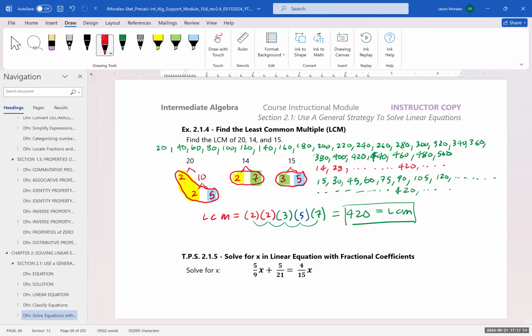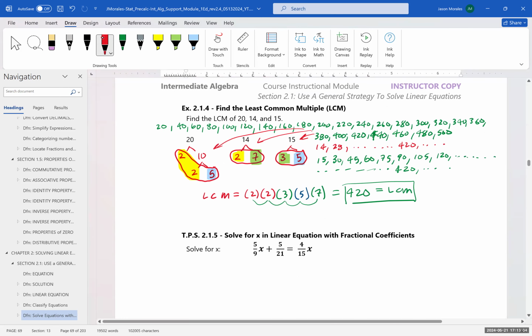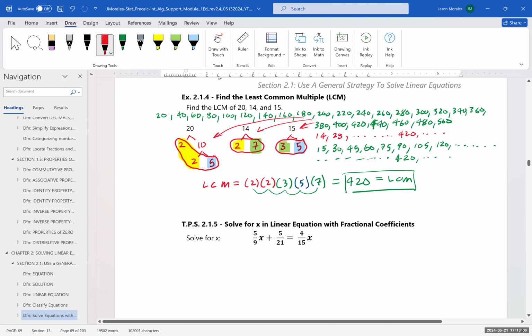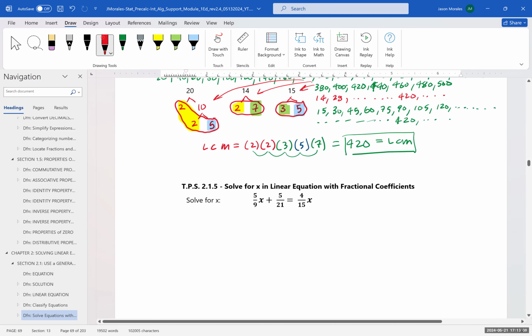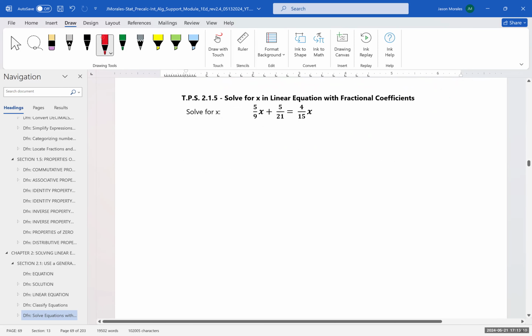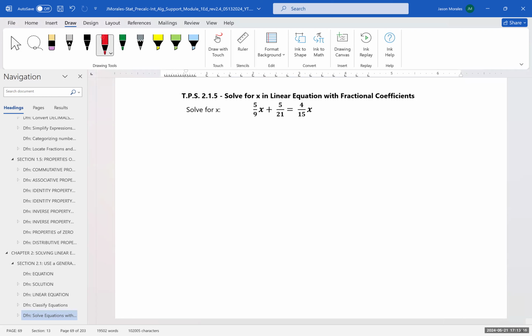I'm making my case that this process is much simpler. It's new, but it's simpler and it's easier. Now that you've seen this process and I've given you some justification for it, try out this think, pair, share, where you're trying to eliminate the denominators in all of these fractions by finding the least common multiple.